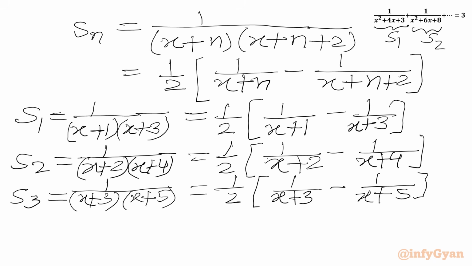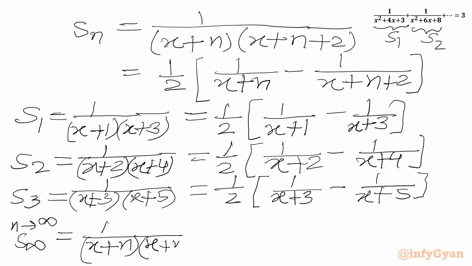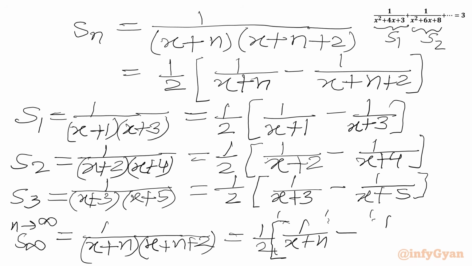Now we have to write the infinite term. So I am writing here, if n tending to infinity, we are looking for Sn or S infinity, then we can write the general term 1 over x plus n times x plus n plus 2 will be equal to half times, in bracket, 1 over x plus n minus 1 over x plus n plus 2.